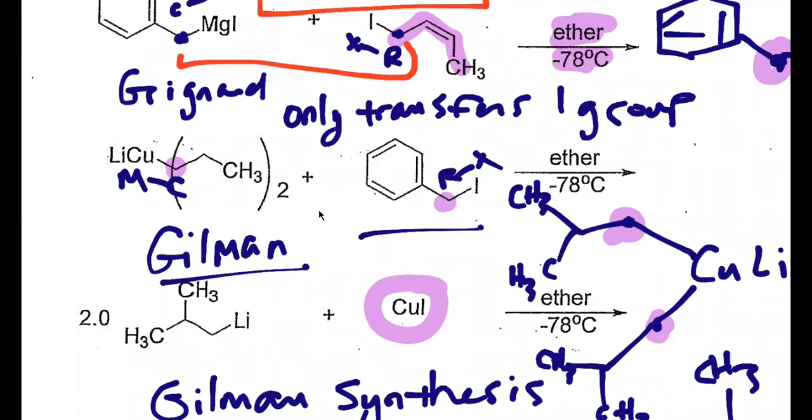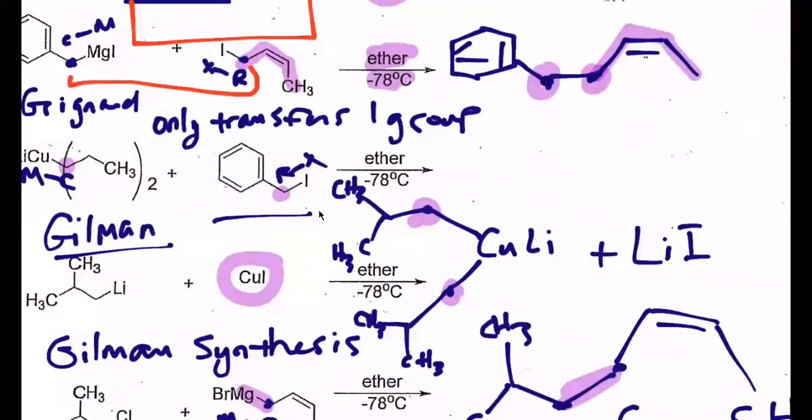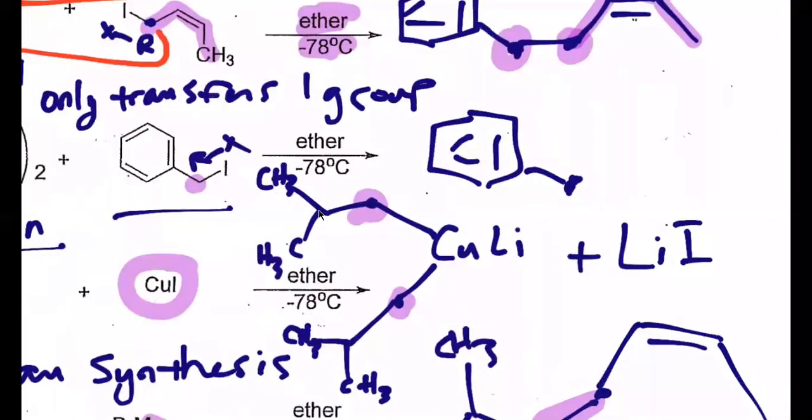All right, so let's look at the product, and then we'll discuss it. I'm trying to keep all this stuff so I don't delete it. So that's my carbon where X was, and I'm going to connect that to here.